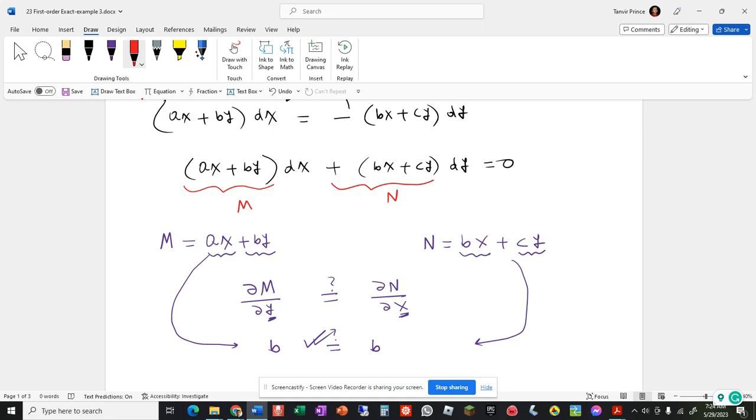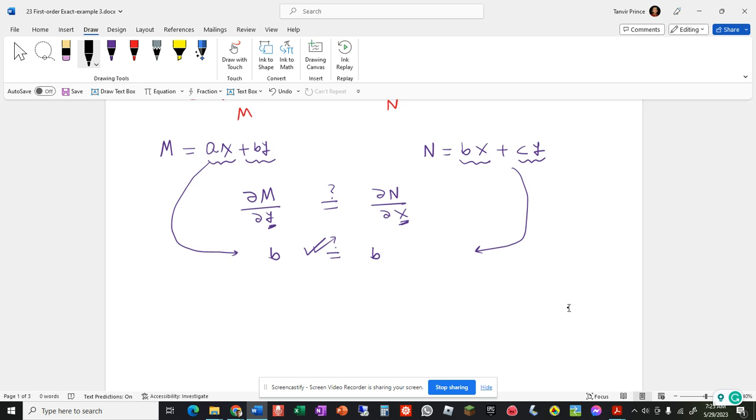So this time, let's use way number 3 from example 1. Remember, in example 1, I showed you three possible ways. So let's use way number 3 to find the phi. We know that our phi has to satisfy that the partial derivative of phi with respect to x should be M, which in this case is ax plus by.